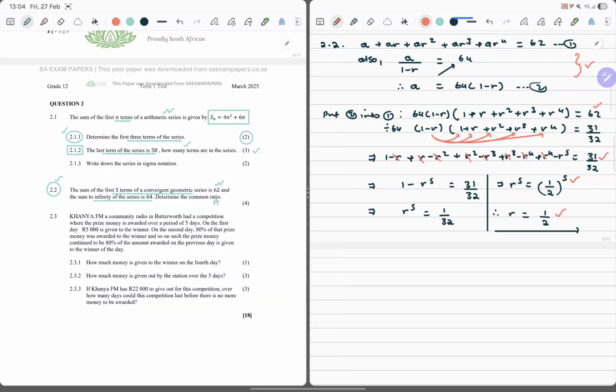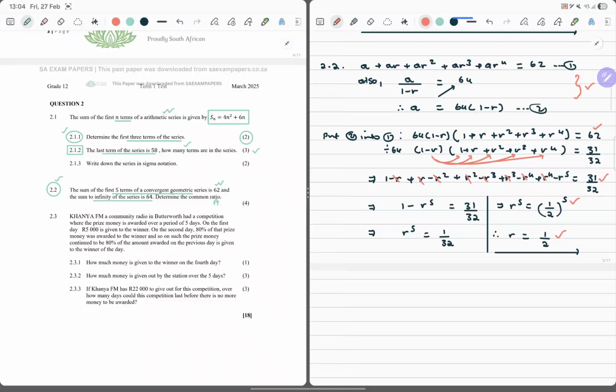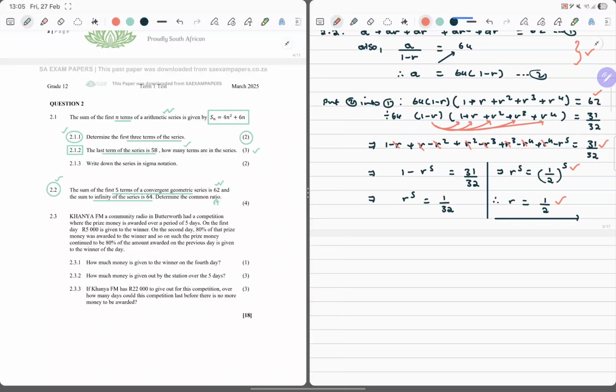Of course, guys, there's nothing wrong with those who want to use the sum formula for the first equation and then the sum to infinity for the second equation. You would end up with the same answer.